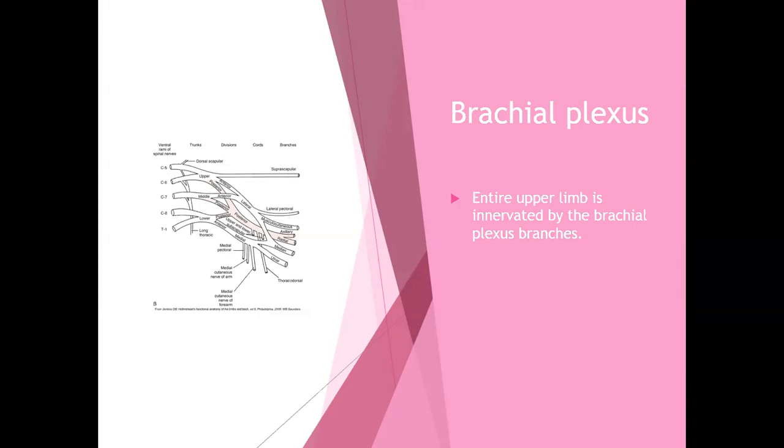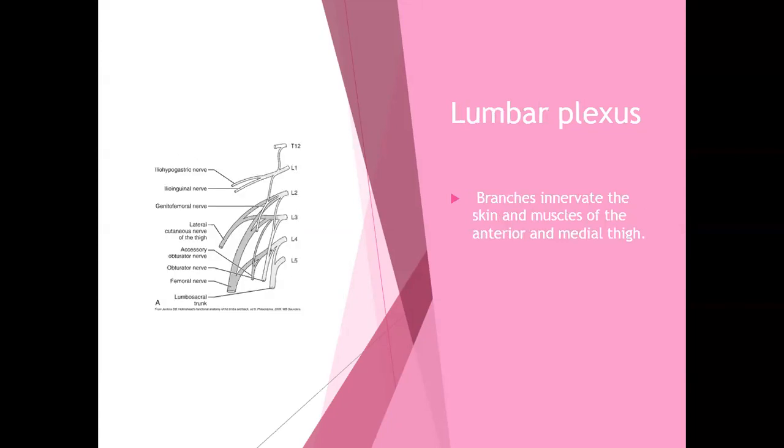MARMU, remember, is the acronym to remember those. The entire upper limb is innervated by branches of the brachial plexus. We talked about this in kinesiology. This shouldn't be news to you. Again, I'm not going to expect you to draw it. I just want you to know that the entire upper limb is innervated by the brachial plexus.